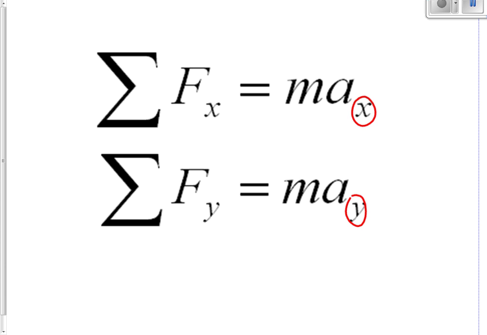So it'll be very likely in a problem where the forces in the x direction may not be balanced, causing a cart to accelerate. For example, the fan carts. The fan carts were accelerating in the x direction along the tabletop, but they were not accelerating vertically up towards the ceiling or down towards the floor, because the forces in the y direction were balanced.